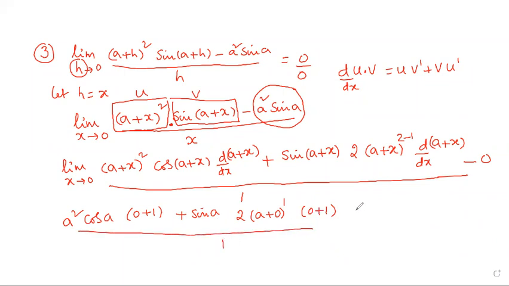Now write down. Answer is a square cos a plus sin a into 2a. 2a by 1, not necessary. That is the problem. Okay, na? Clear. Now, when do we apply the chain rule? When a single x is there, no question of chain rule.